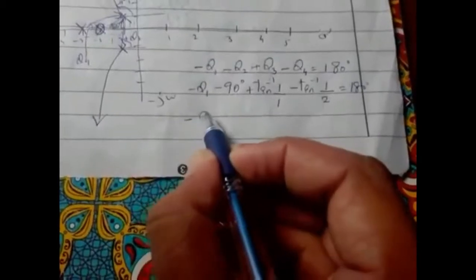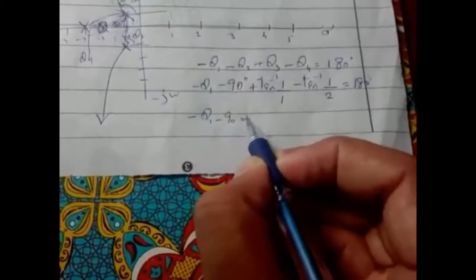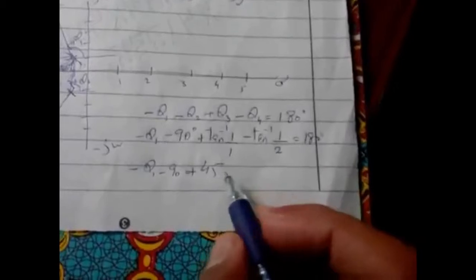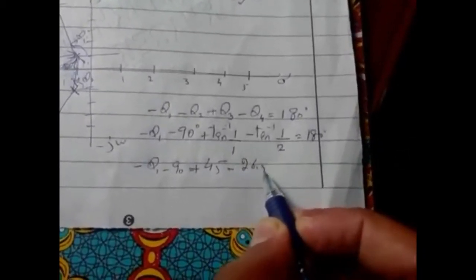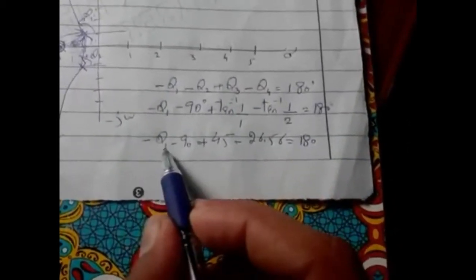So it will be like minus theta 1 minus 90, from this you get plus 45, and from the other you get minus 26.56, is equal to 180. So from here find theta 1.